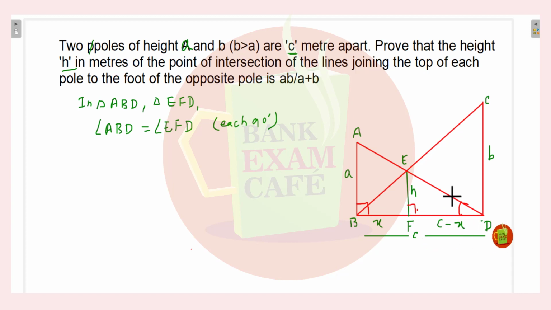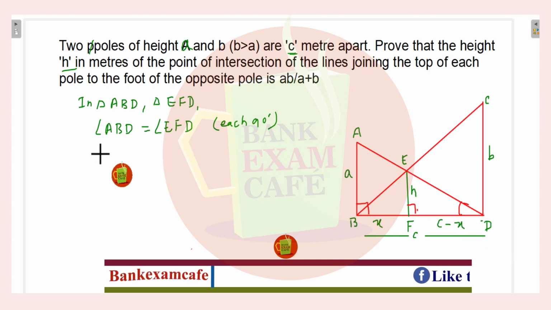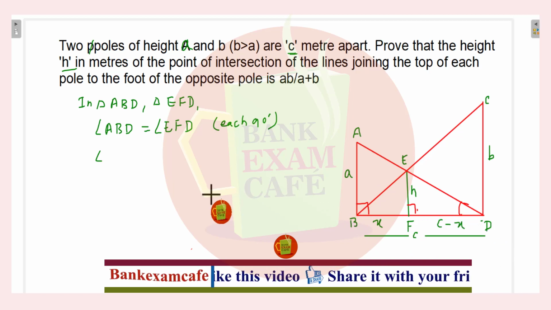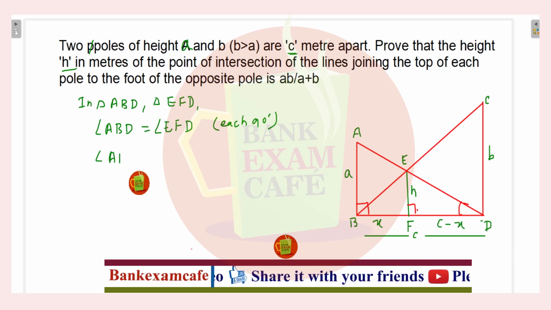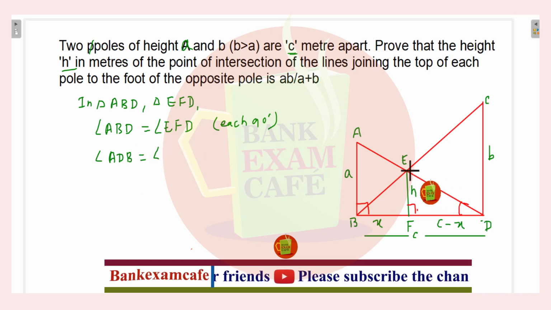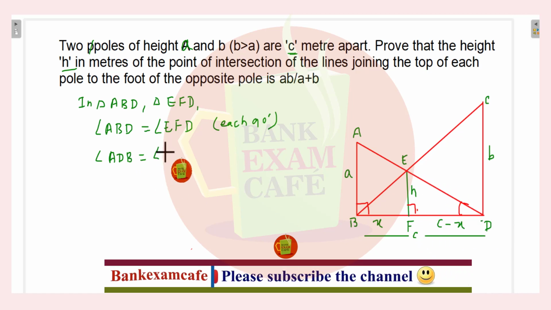It is in this triangle as well as in this triangle also. So angle ADB is equal to angle EDF.